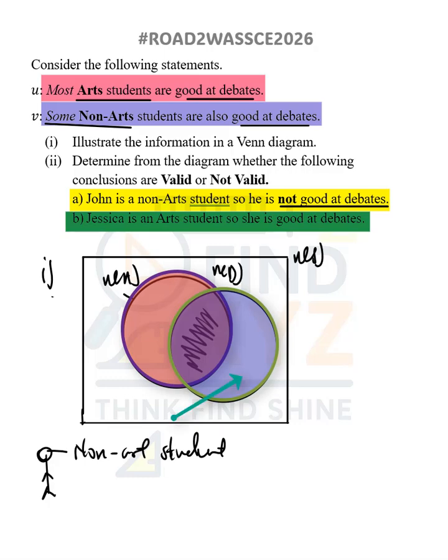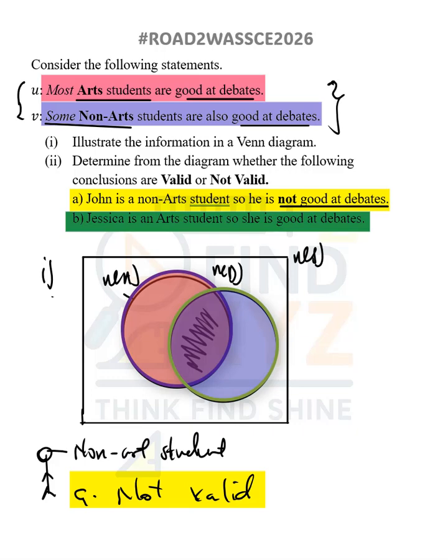So John can either be a good debater or not a good debater, but we don't have enough evidence to conclude that he is not a good debater. Therefore, this conclusion is not valid. It's not valid because we don't have enough evidence. Look at the rules. These are the rules. We only know that most of the art students are good at debates, and then some non-art students are also good at debates.